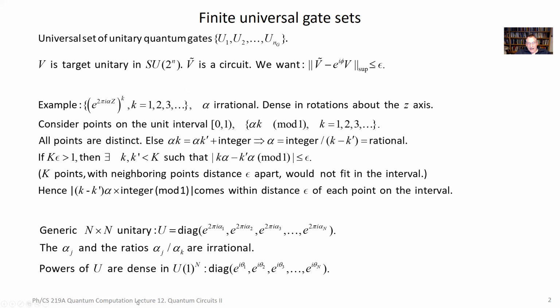Or in other words, I can get as close as I want to any element of the form e to the i theta 1, e to the i theta 2, dot, dot, dot, up to e to the i theta n.